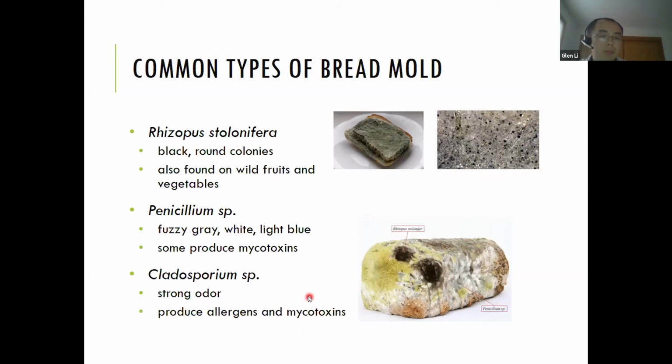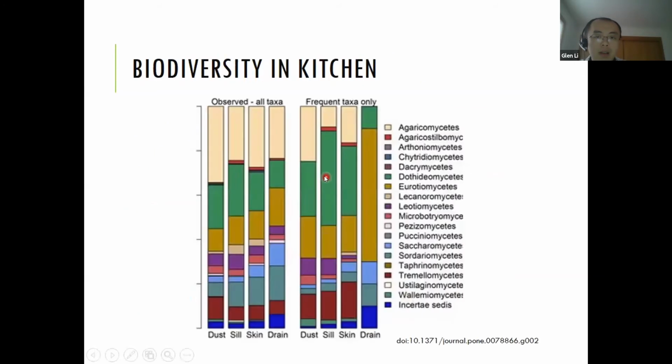Okay, so I just want to show you some interesting data. This is showing the presence of fungal species inside a kitchen. A few different families of fungi are being tested here.